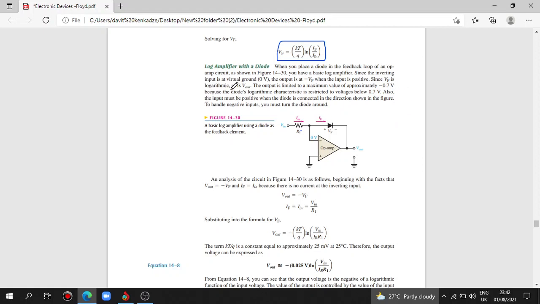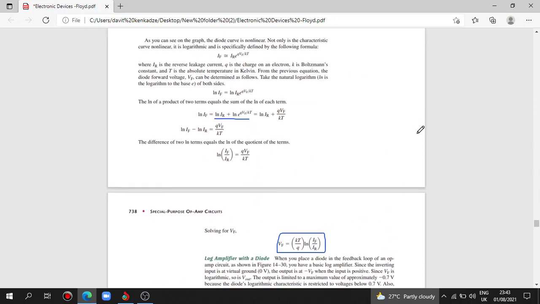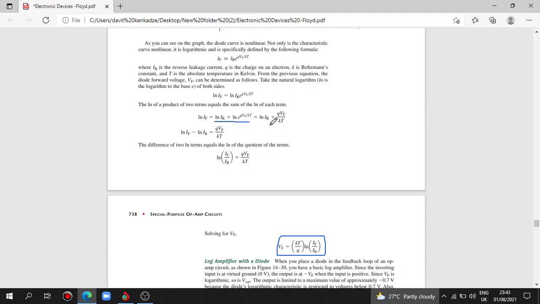Since Vf is logarithmic, so is the V out. When we saw the volt-ampere characteristic of this diode, there was I_F, as I remember from the electronics course. It was I reverse biased times e to the power, yeah, that was the formula.